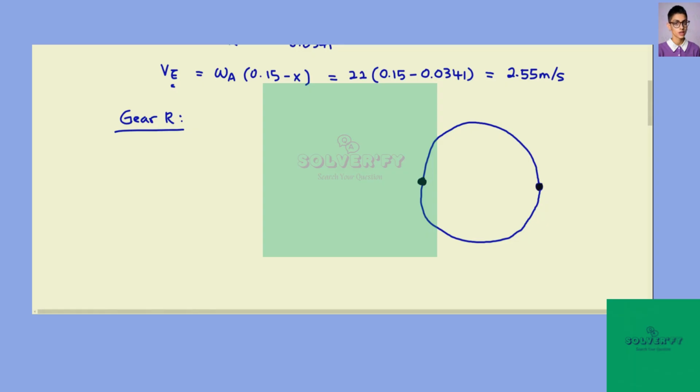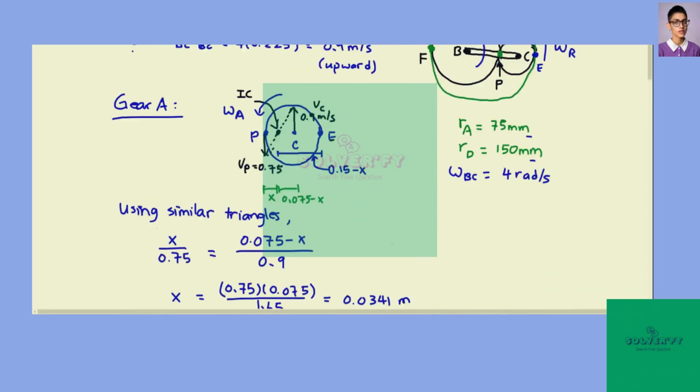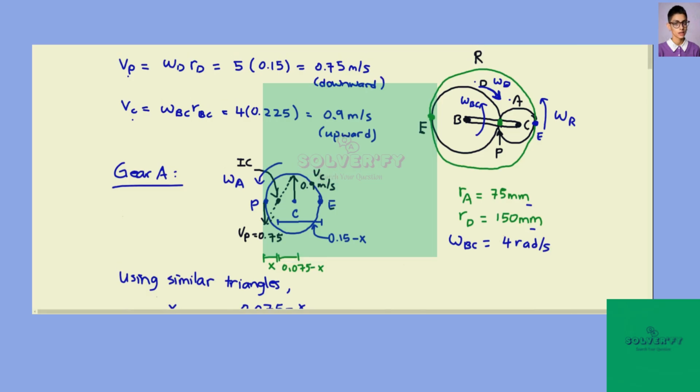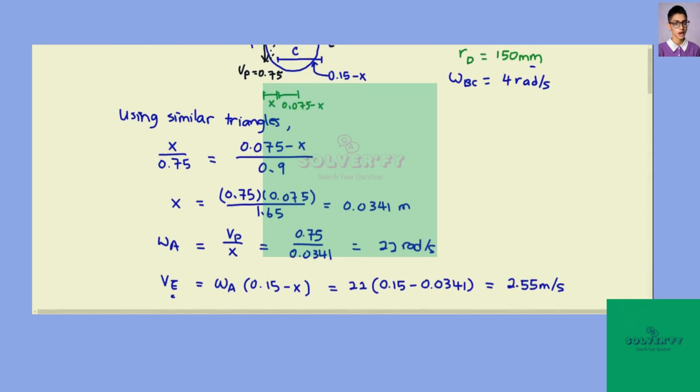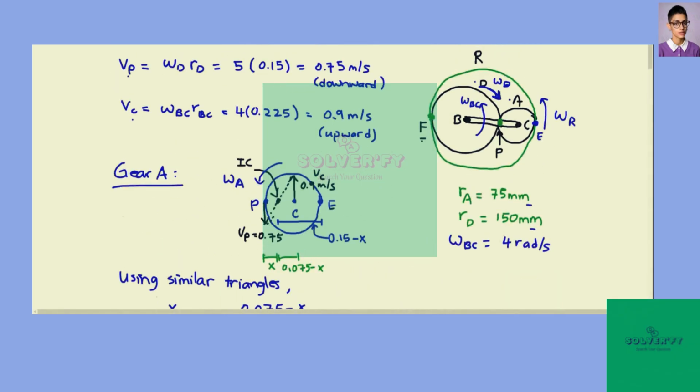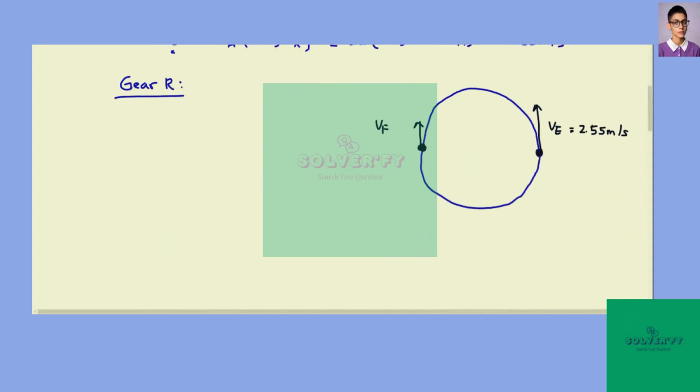So this is VE, which is 2.55 meters per second. And then we also have VF here. VF will be equal to VP, because VF is on gear D. So this is going to be 0.75 meters per second.